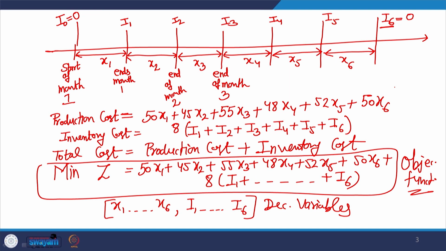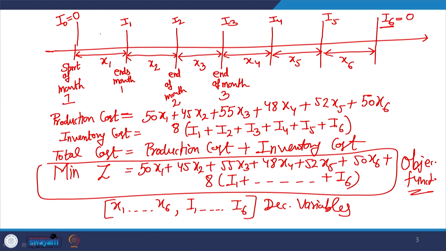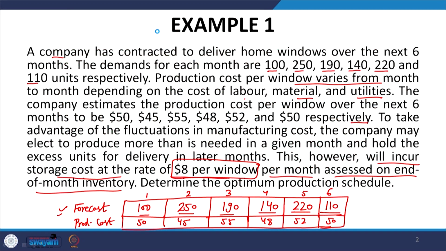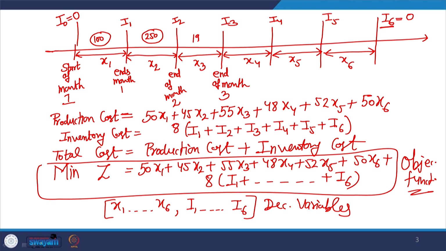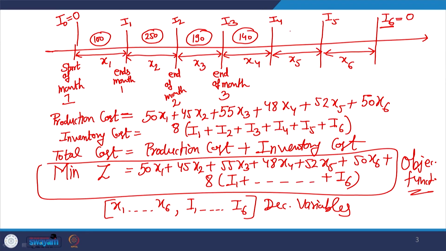Now, in the first period you see the demand was 100. In the second period demand is 250, then 190, 140, then 220 and 110. This diagram will give us a fairly good idea of how to develop the constraint equations.